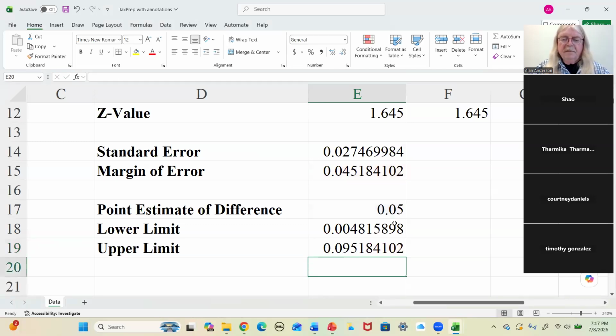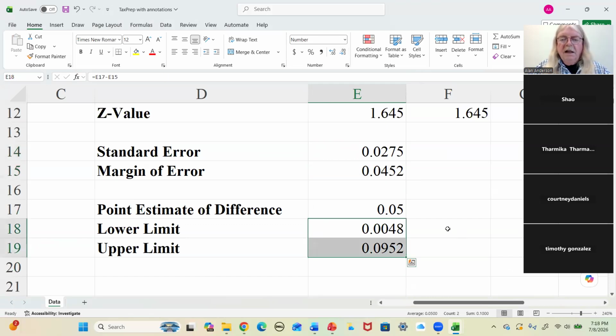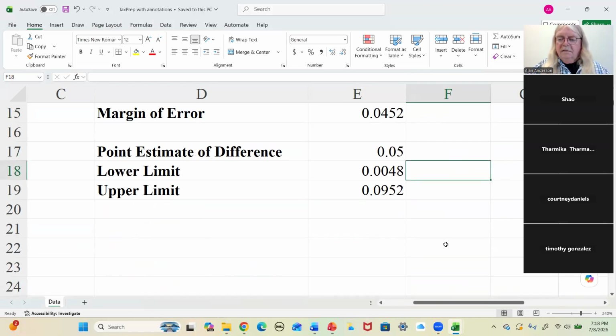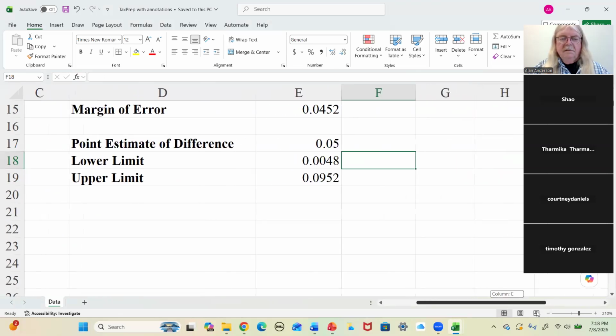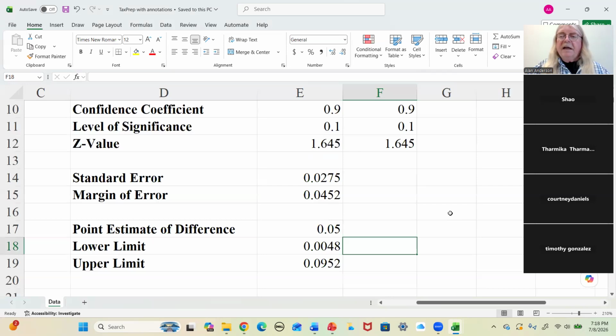Oh, we can reduce these to something more manageable. So we have the confidence interval. Now we have to do the actual hypothesis test.